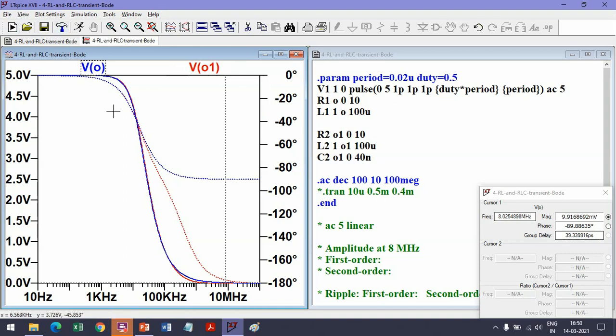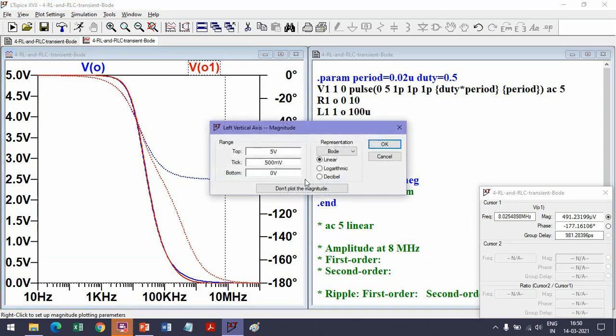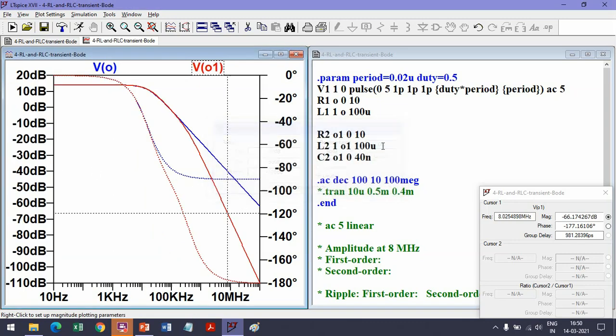Now what is this voltage for the second order filter, the RLC circuit? Same frequency, the voltage is 500 microvolts, much smaller, from 10 milli to 500 micro. So let us put this back to decibel to compare the two.